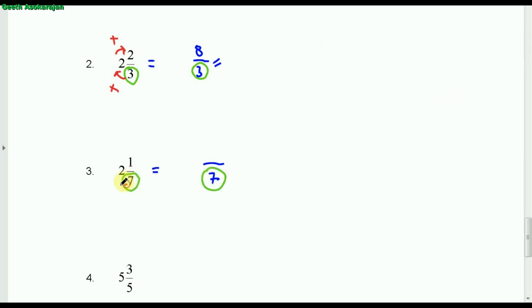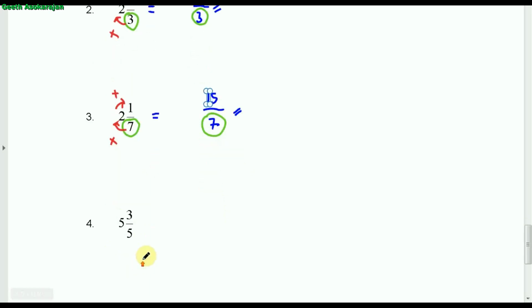Next step is I multiply the 7 by the 2 and then I add the answer to the 1 on top. So 7 times 2 is 14. 14 plus 1 is 15. So 2 and a 7th is the same as 15 over 7, and then we're done.